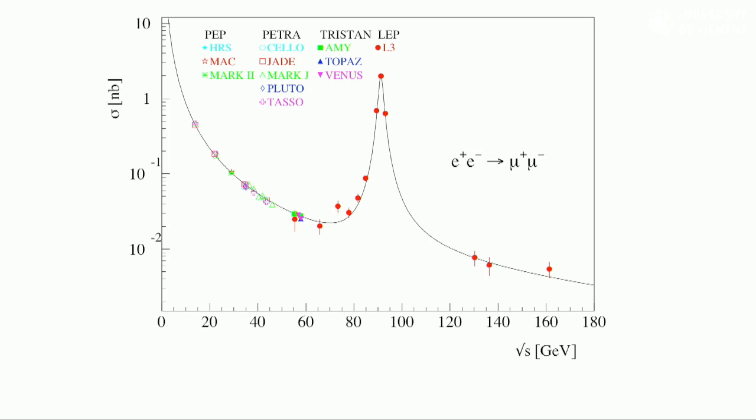The Z resonance manifests itself by an enormous peak in the total cross-section. Electroweak interference causes a large angular asymmetry on the flanks of the resonance. At low energies, the cross-section depends on the electromagnetic coupling alpha and the square of the center of mass energy s, like sigma equal to 4 pi alpha squared divided by 3s, the characteristic size and shape of purely electromagnetic interactions.